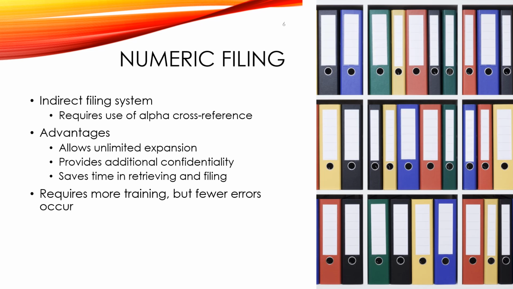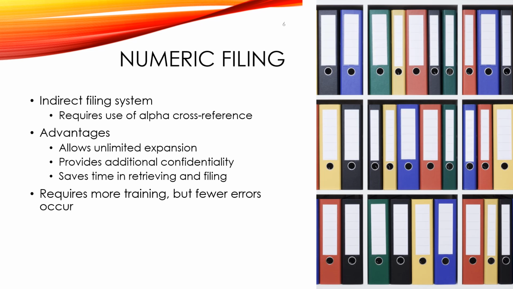The second filing system we see is numeric. This is where we combine a numeric filing system with colors to organize paper charts. Pretty much every large clinic, facility, or hospital uses some type of numeric system.